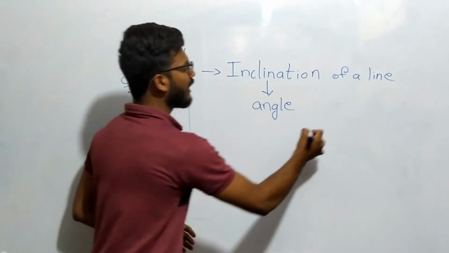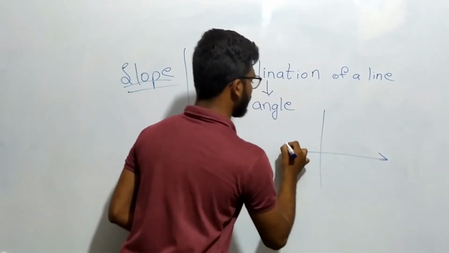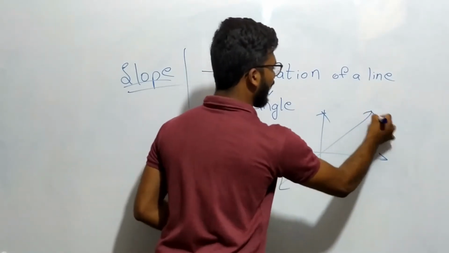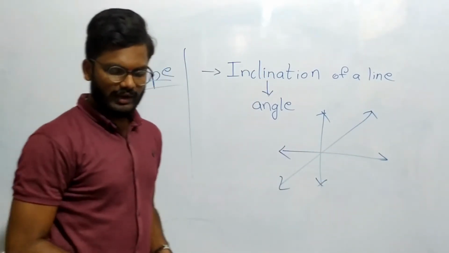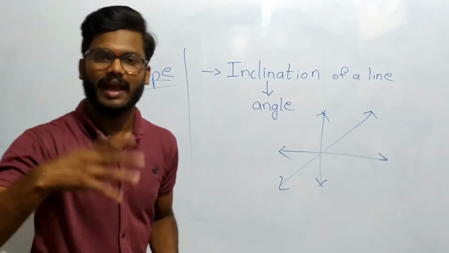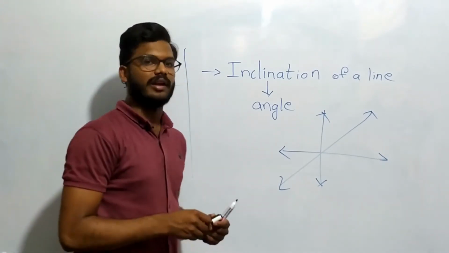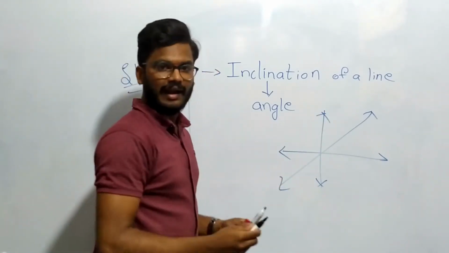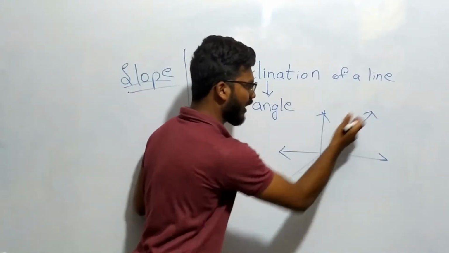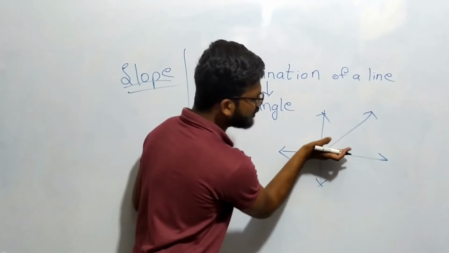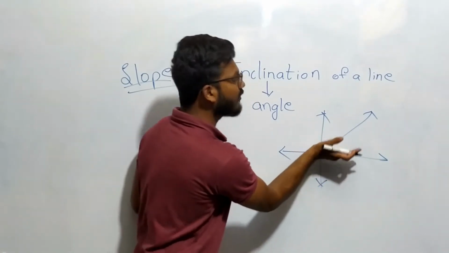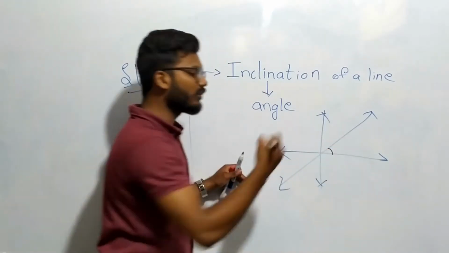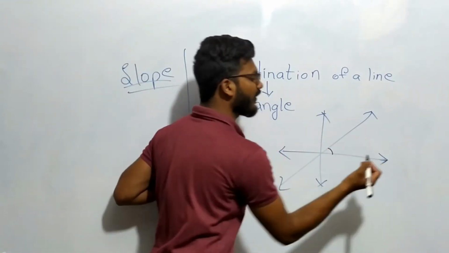If you take any line, suppose this is the coordinate axis and let this be one line. Here, what is inclination? Inclination is the angle made by the line above the x-axis. Means here we have a line, but we have to see the part of the line which is above the x-axis and it meets with the positive direction of x-axis.